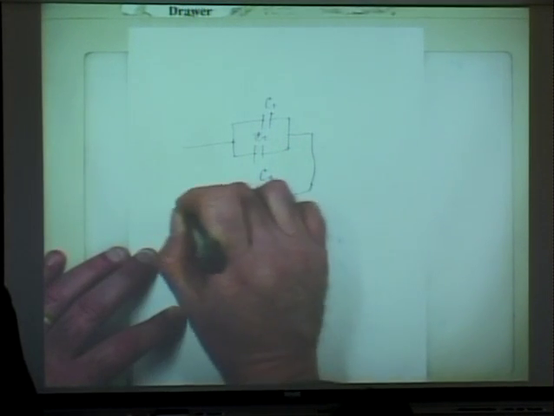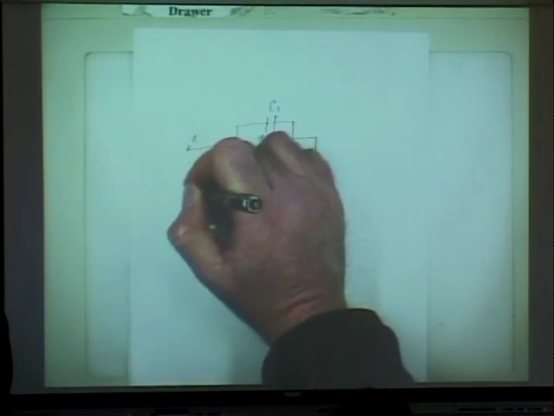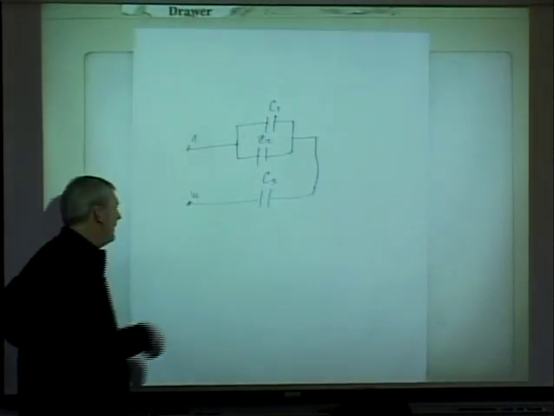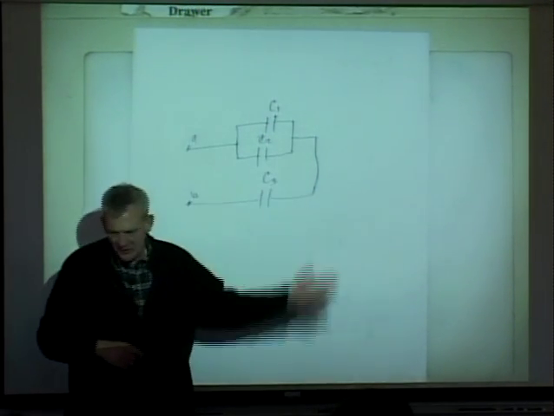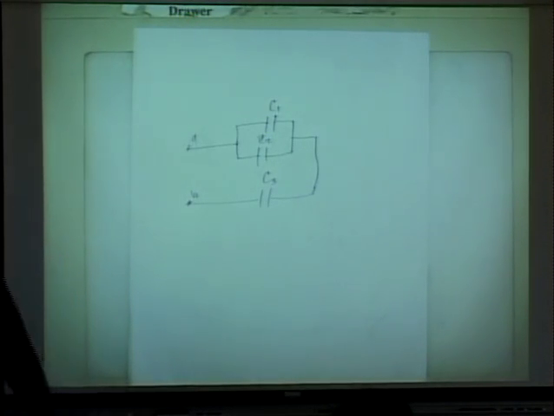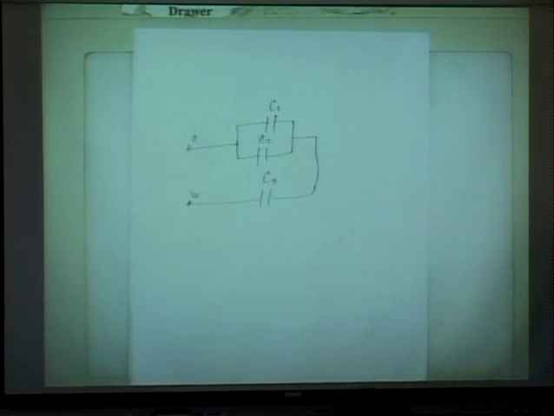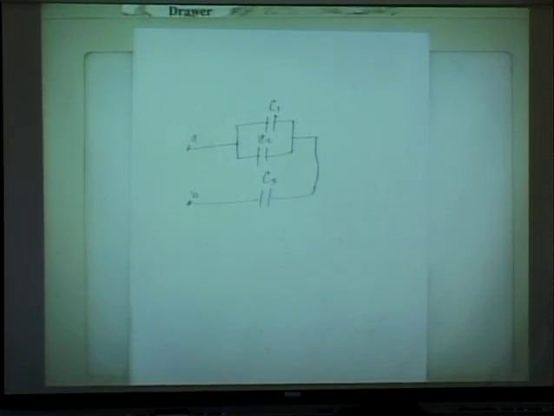The voltage going through A and B is being pushed through here and here. Now I've got a total capacitance here. Are these capacitors in series or parallel? Both, exactly. Which ones are in parallel?